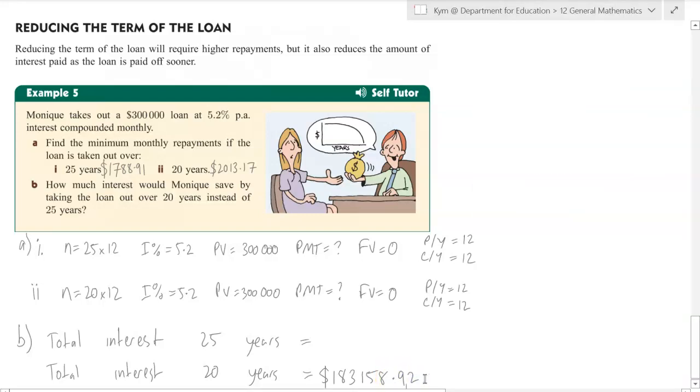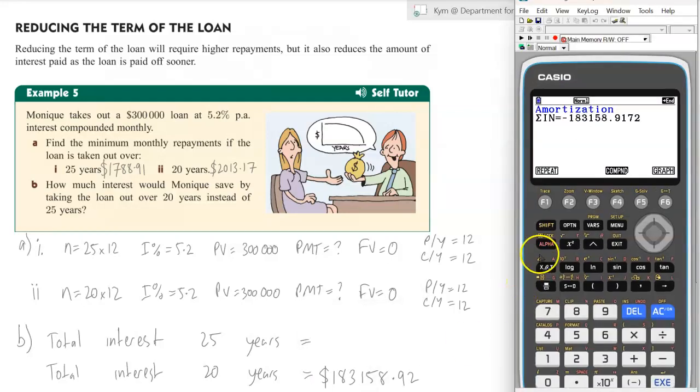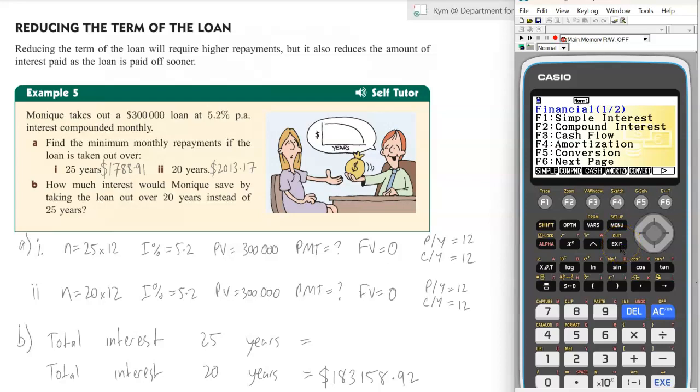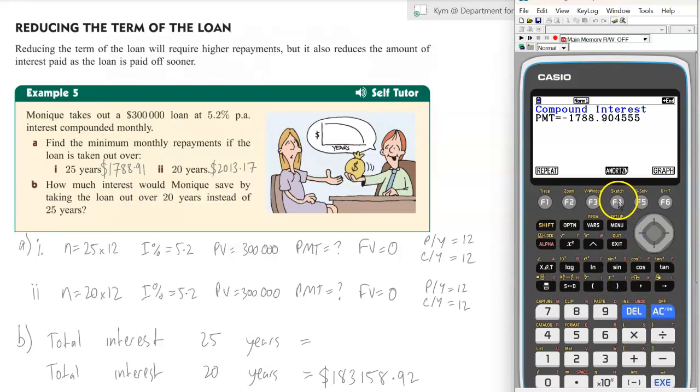Now I'm going to go back and do the same for the 25 years. So if I just exit and make that slight change in the compound interest section here, change that back to 300, or 25 years times 12. Ask it to work out PMT for me. Then go back into the amortization function there. The total sum of interest from the first month, so PM1 is set as 1, up until and including the 300th month.